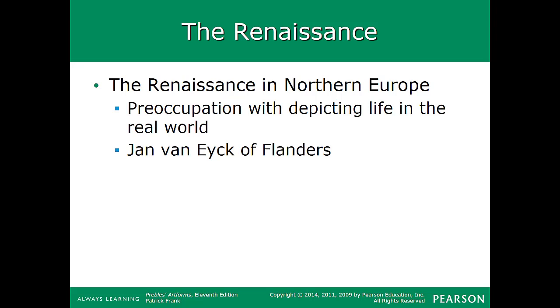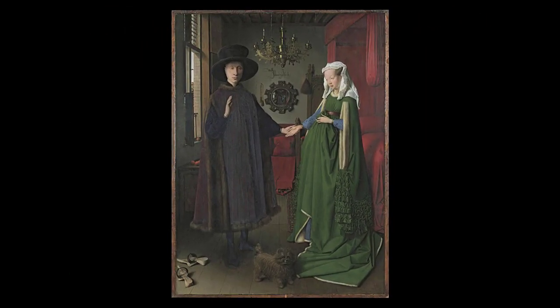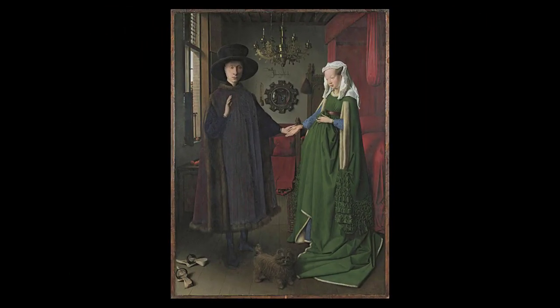Well, if you think about the Renaissance in Italy, they are portraying things like religion or Neoplatonism, while the Renaissance in Northern Europe was different in that they were trying to portray the real world, or just regular life. One of the most famous artists that came from that period is Jan van Eyck of Flanders.